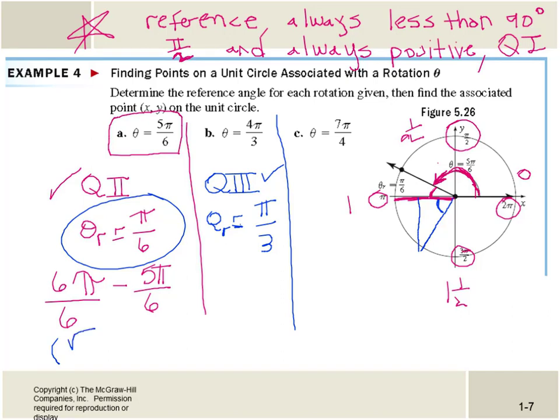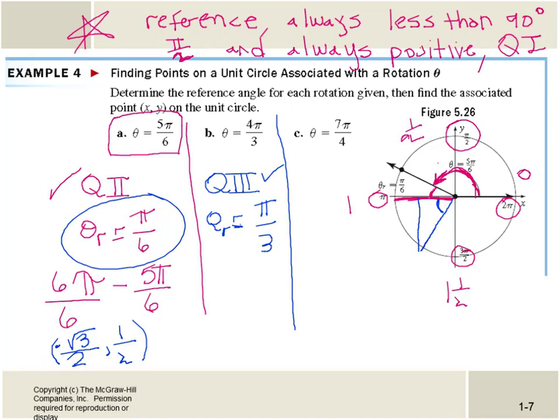So that means we have the square root of 3 over 2, comma, 1/2. Right? That makes the x value bigger than the y value. Now, in quadrant 2, are they both positive? X is negative. So that's our point on the unit circle. Okay? That's it. It's really this simple.